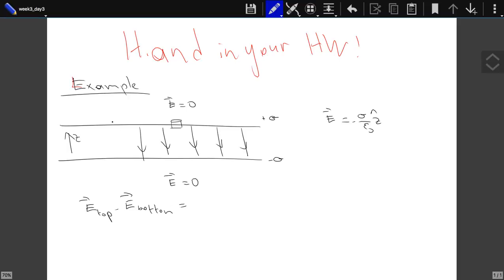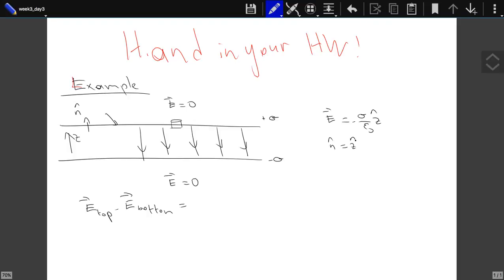Now, let's apply it at this point. And let's choose the direction of our surface to be in that direction. Okay? That is, the n hat is the z hat direction. Above meaning this n vector points from below the surface to above the surface.